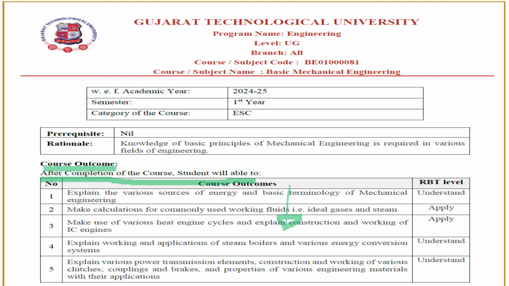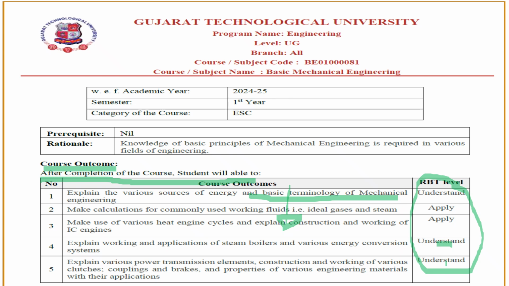Like, student will be able to explain various sources of energy and basic terminology of mechanical engineering. And here you will observe the Bloom taxonomy levels are given, that is understand, apply, understand and understand. So we have to discuss this Bloom taxonomy level.